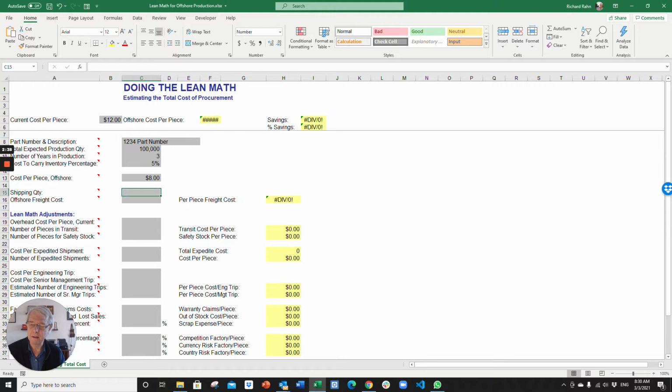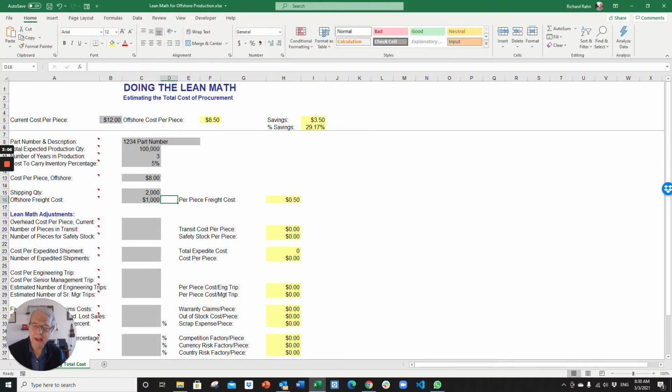But logic says it's not free to get it to us, so we have to include some shipping costs. For shipping quantity, we'll get this, say, in lots of 2,000. And the cost per each of those shipments of 2,000, let's say, we'll just make up a number again, is $1,000.